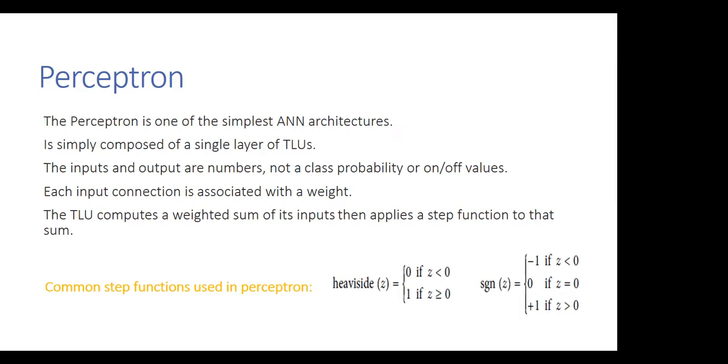Each input connection is associated with a weight, and the TLU computes a weighted sum of its inputs and then applies a step function to that sum. The common step functions that can be used in perceptron are the Heaviside and sign activation functions. Here is the Heaviside, and this is the sign activation function.